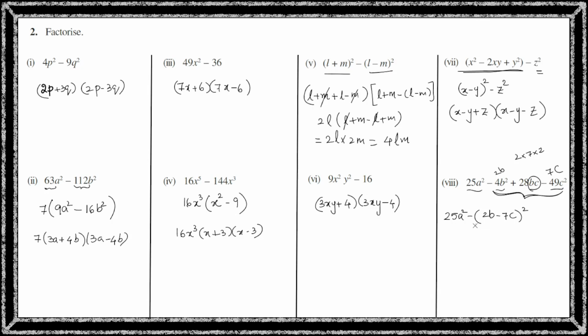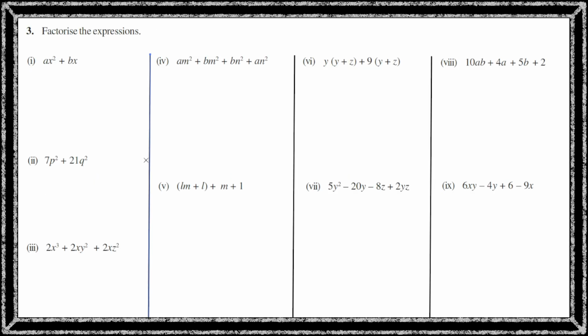Now you will see that this is nothing but a square minus b square, which is a plus b into a minus b. So when I open the minus, minus 2b plus 7c is what we will get. Correct? So this is about the second sum in the exercise 12.2.